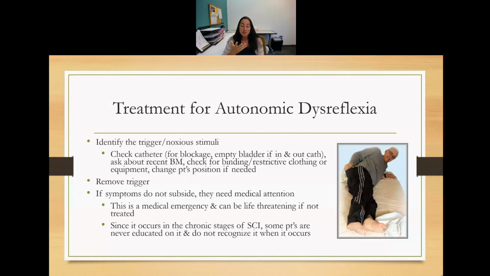So you really need to educate patients before they're discharged from a rehab facility or a hospital setting to know what to look for, what the signs are and what it means, and how to check, is there anything I need to do to relieve the pressure or the pain where the ailment is, so that I can return my vitals to normal. So education is huge because they may be home at this point and may not know what to do.